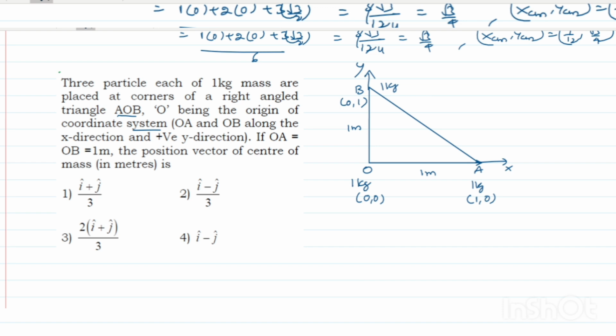First calculate the XCM value. That's nothing but m1 x1 plus m2 x2 plus m3 x3 by m1 plus m2 plus m3.